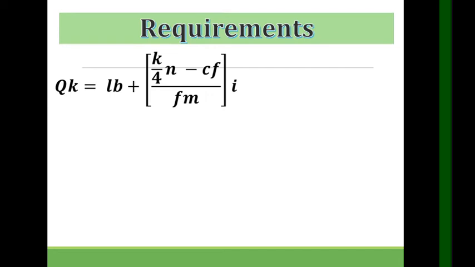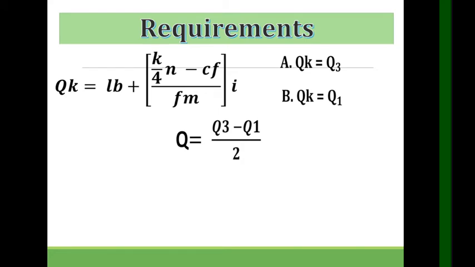For the Qk, we have lower boundary plus k over 4 times N minus cumulative frequency or CF over Fm, frequency of the mode, times i. Qk is equal to Q3, and then Qk is equal to Q1. And then for the Q, we have Q3 minus Q1 over 2.